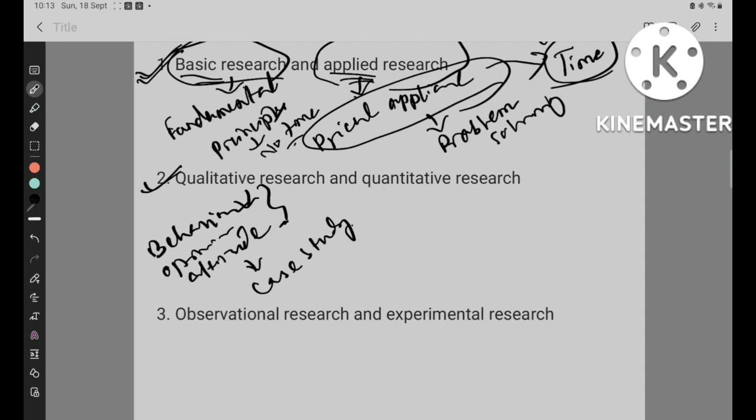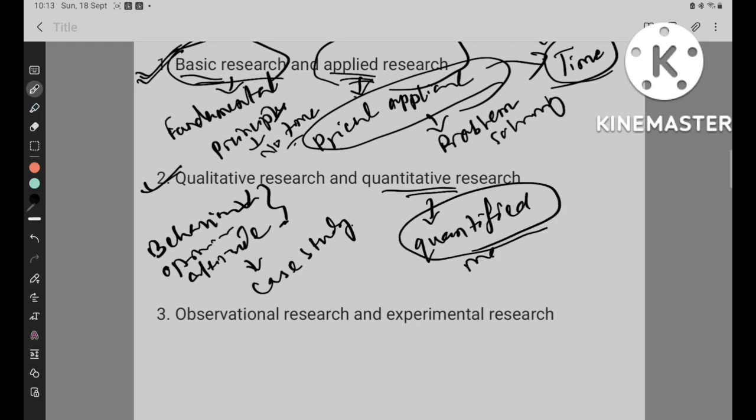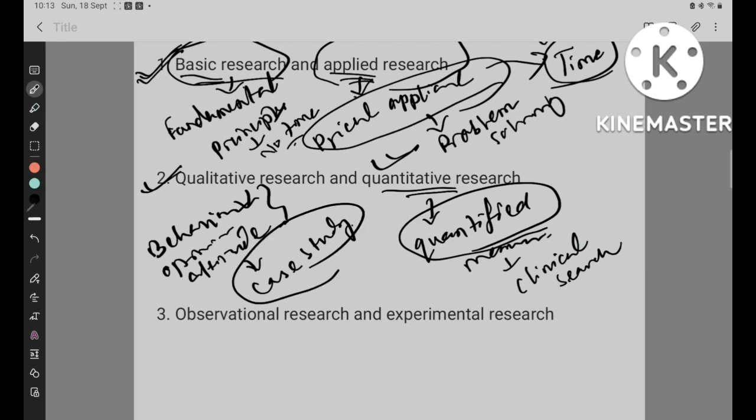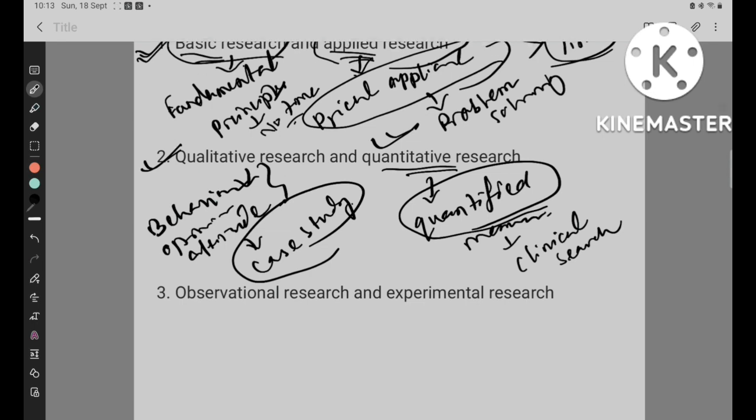On the other side, quantitative research is always quantified measures, where we can state as a number. The quantified measures are included under the quantitative research. These are all kinds of clinical research. So clinical research is always quantitative, while case studies are always qualitative in nature.